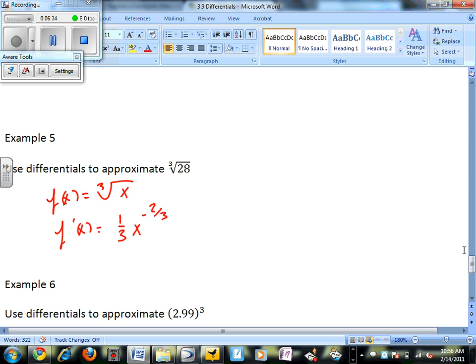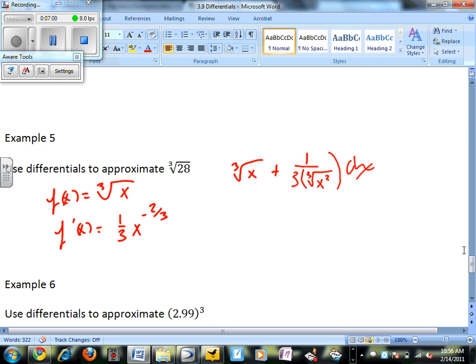So we're going to have the cubed root of x plus 1 all over 3 times the cubed root of x squared, that's what the 2/3 power means, times dx.